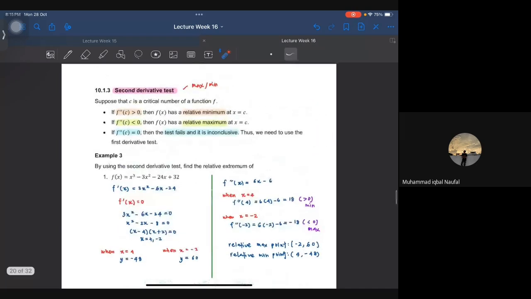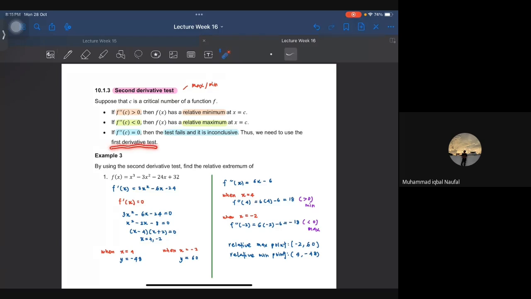Okay, so tengok dekat sini, bullet yang ketiga over here. Right, so bila awak cari awak punya second derivative and then masukkan value of x awak dapat equal to 0. Okay, so equal to 0 dan kita punya test tu dia fail. Okay, kalau test awak fail, dia adalah inconclusive, meaning that you need to go back to using first derivative punya test.